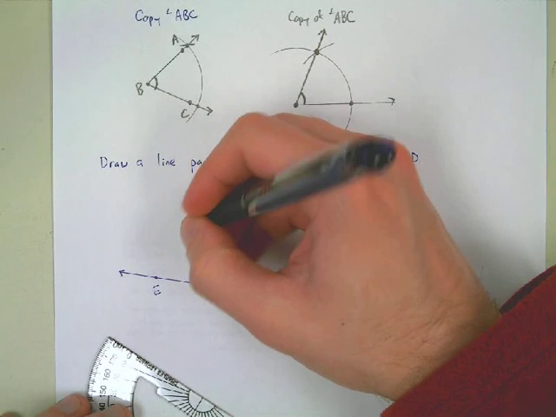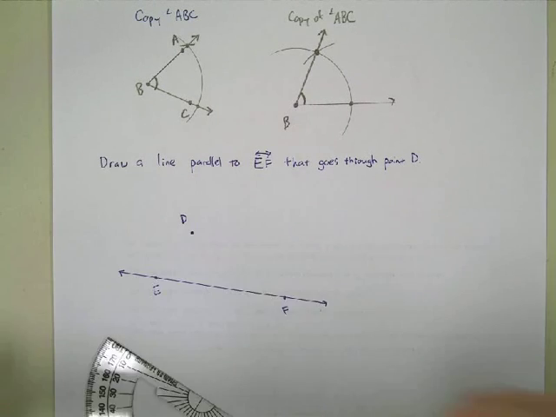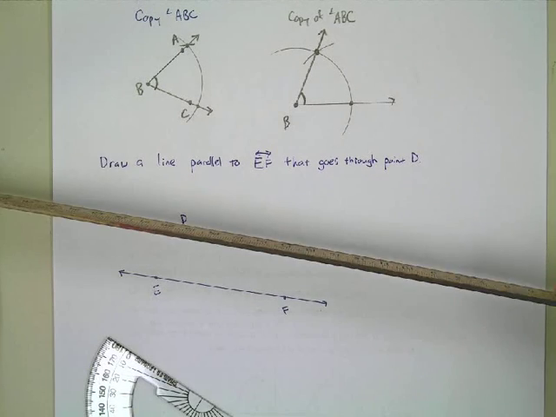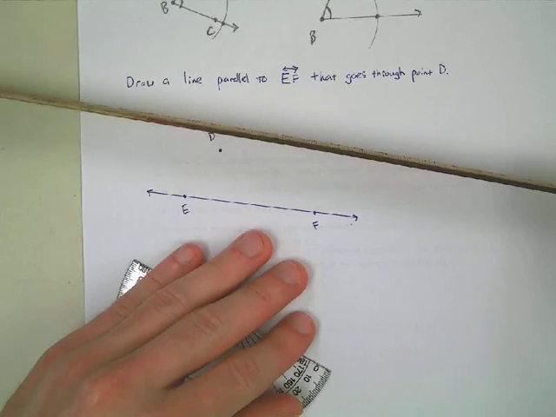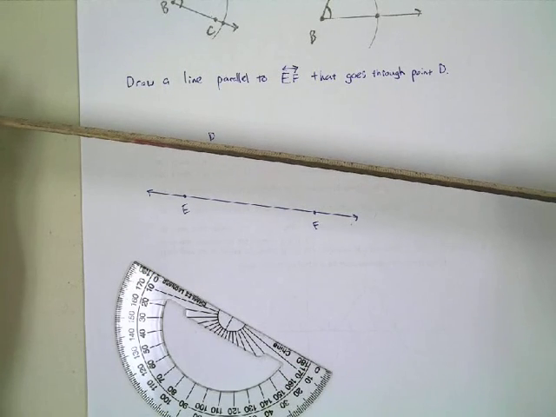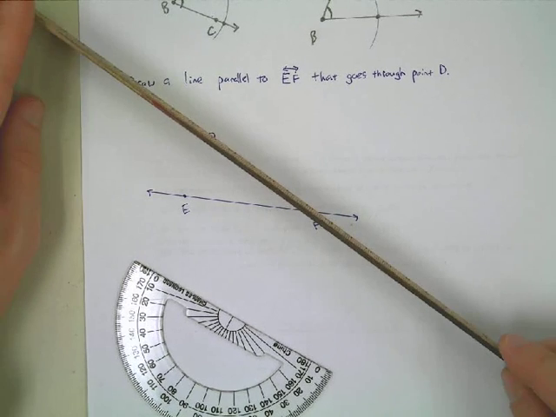Now again, all of you guys kind of eyeball this. You see that my parallel line needs to go somewhere like that. I need to construct it so it goes just like that. Obviously this would be no good because it's going to intersect the other line, or this is no good because it'll still intersect the line. The parallel line should go through point D like this. But how can we do that?